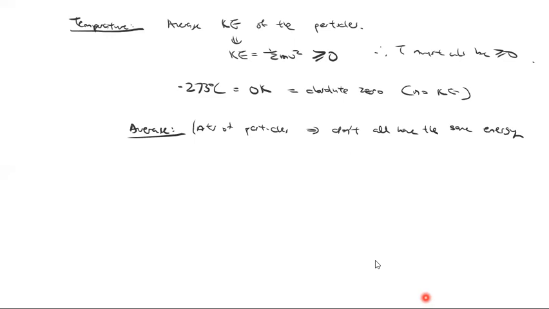Now, do you remember how the kinetic energy of the particles is distributed? Isn't it a curve? Yeah, what curve? Boltzmann. Yep, so you've got a distribution, which is the Maxwell-Boltzmann distribution.